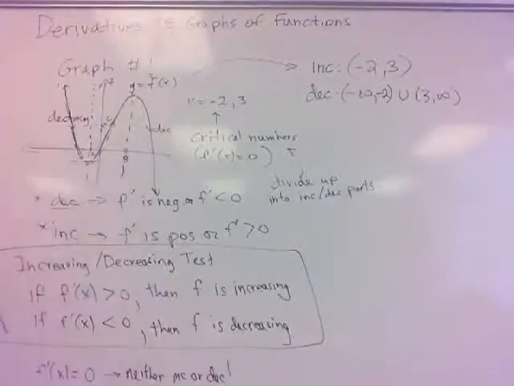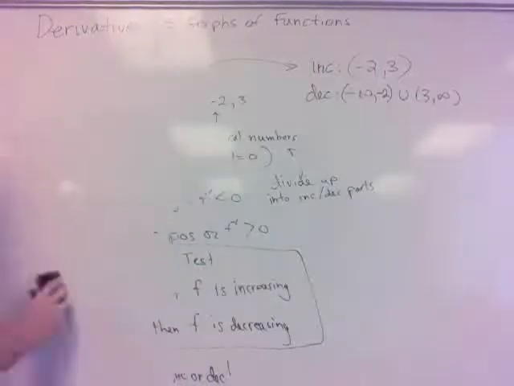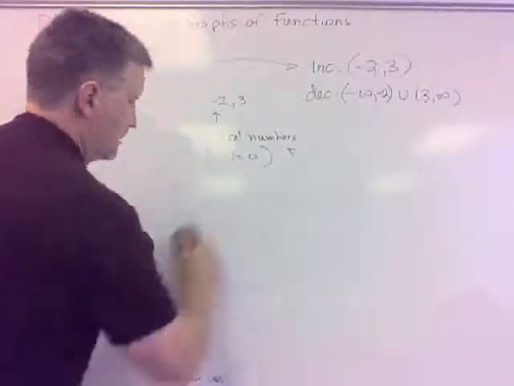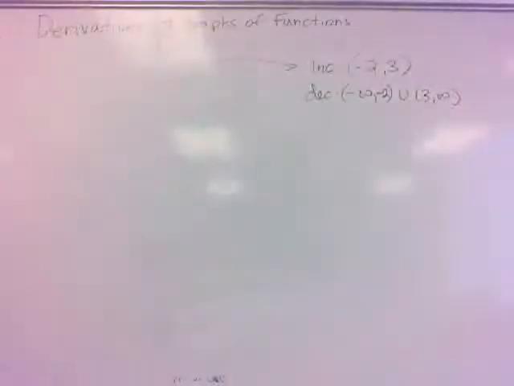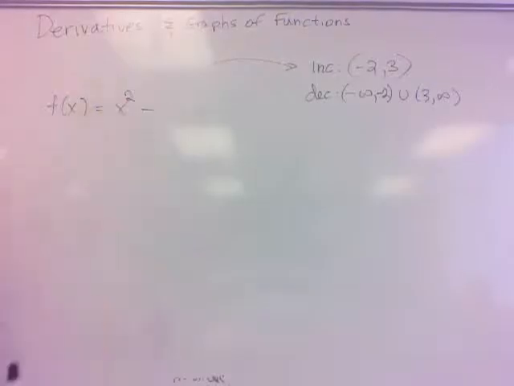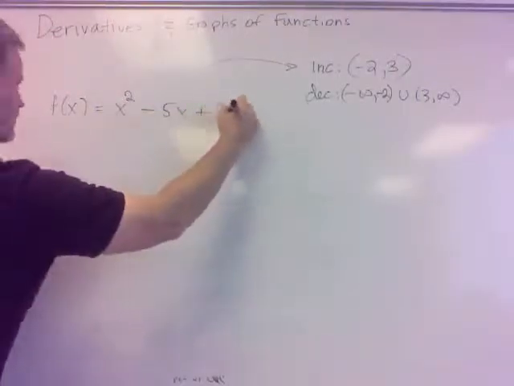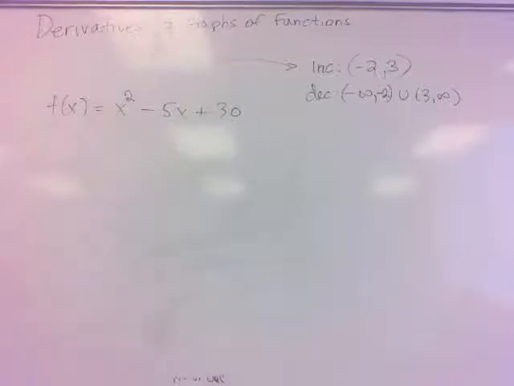So, let's do one here. One thing we're going to do with these when we get to regular functions, I mean, this one we could probably figure out the graph, but x squared minus 5x plus 30 is a pretty easy one. We'll get to some more complicated ones in a second.